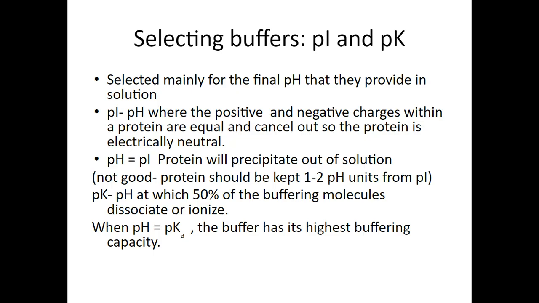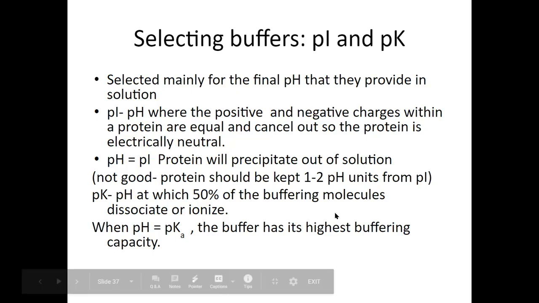What you want to do for storage, and to maintain it being in solution, is you want the solution to be about 1 to 2 pH units from the protein's pI. If you're looking at the pI of the protein, say it's 6, you want the buffer solution that it's being stored in to be about 1 or 2 units off from it. So that's important. We'll go over that in the review.